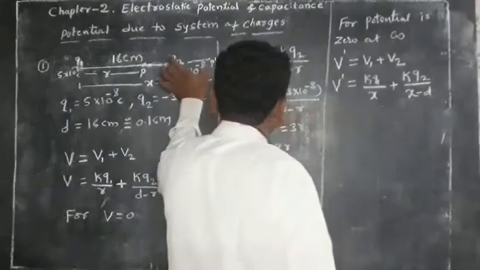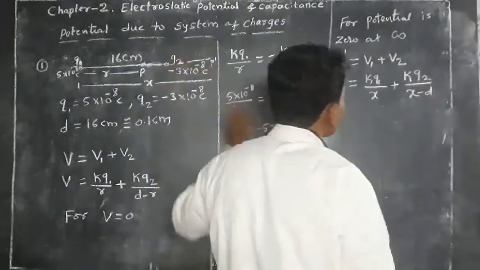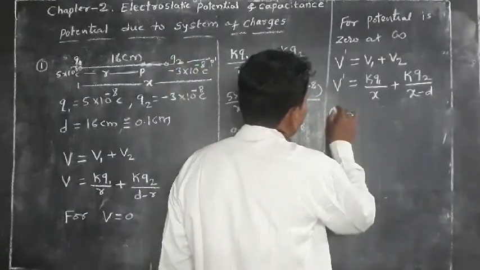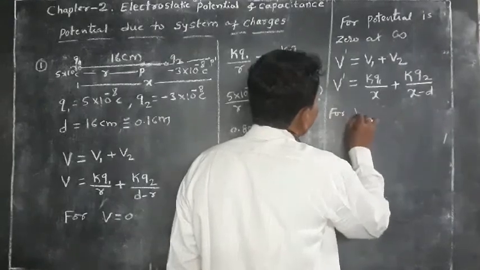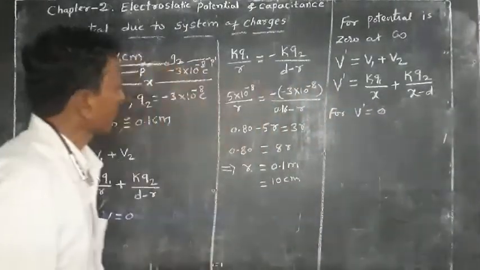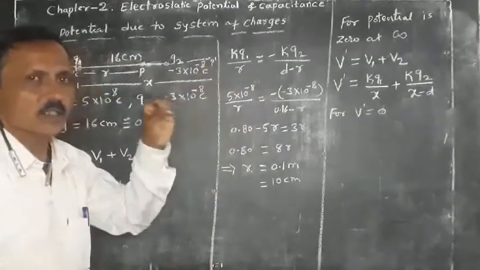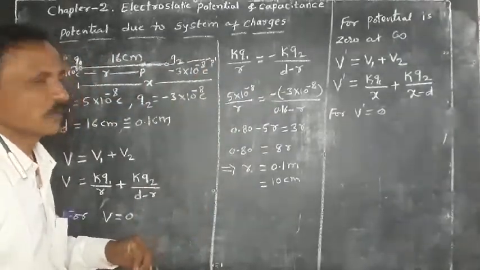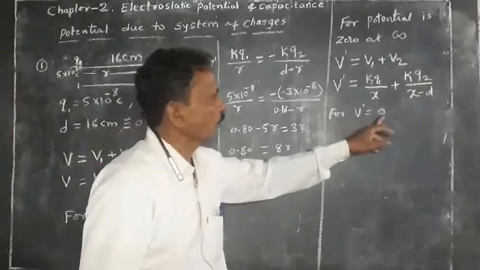That is the distance between Q2 and P dash. For potential at P dash equal to 0, Phi dash equal to 0.